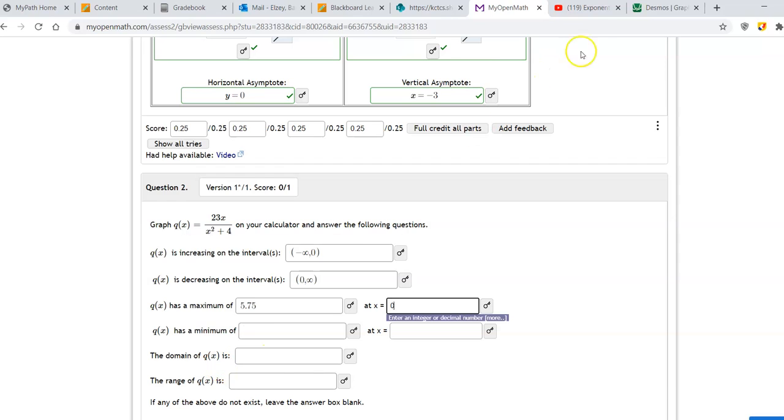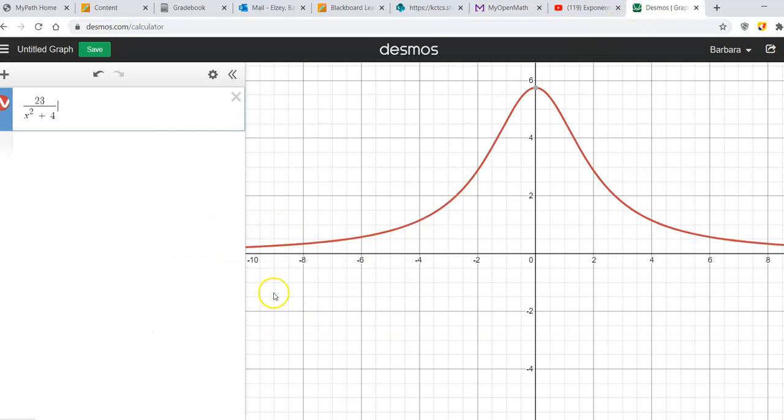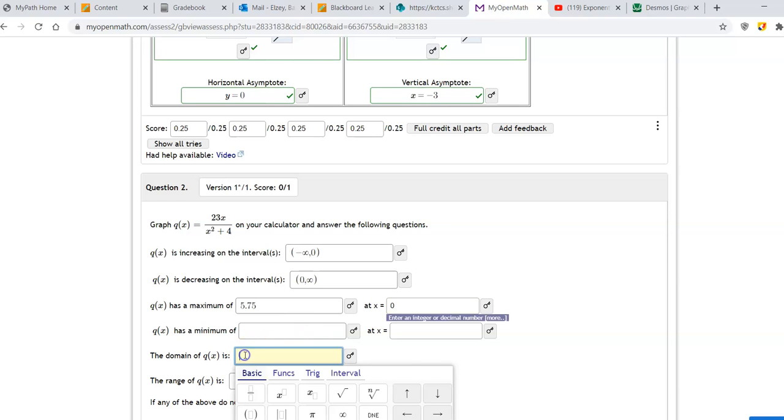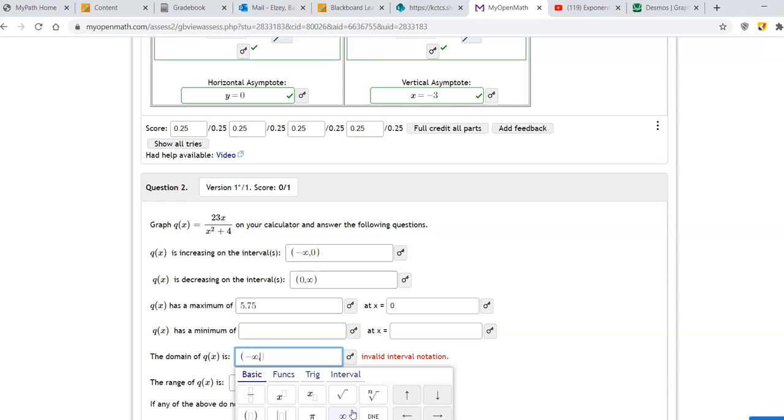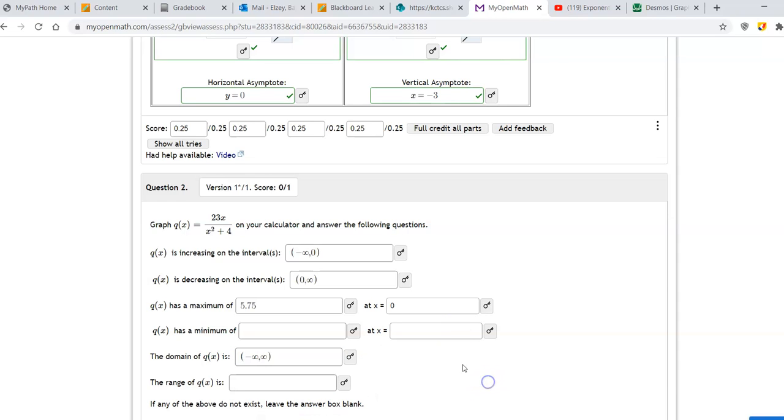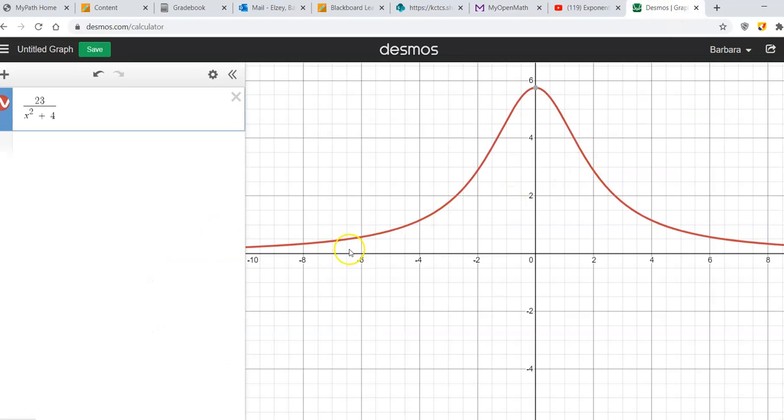The domain: let's notice that if we were to squish this onto the x-axis, everything would get covered. So our domain is negative infinity to positive infinity. And then our range: if we look at this, it never crosses the x-axis. So it goes from 0 up to this point right here, 5.75.